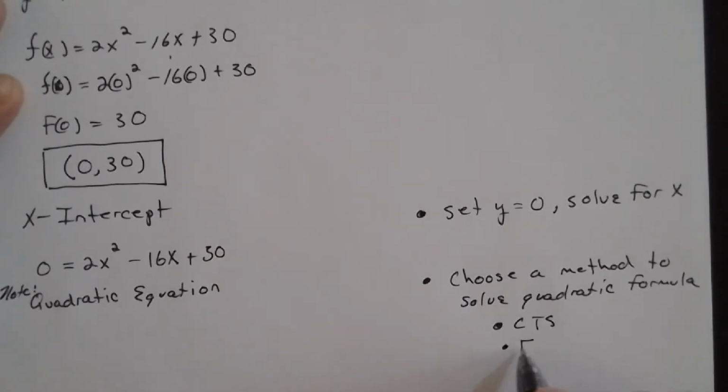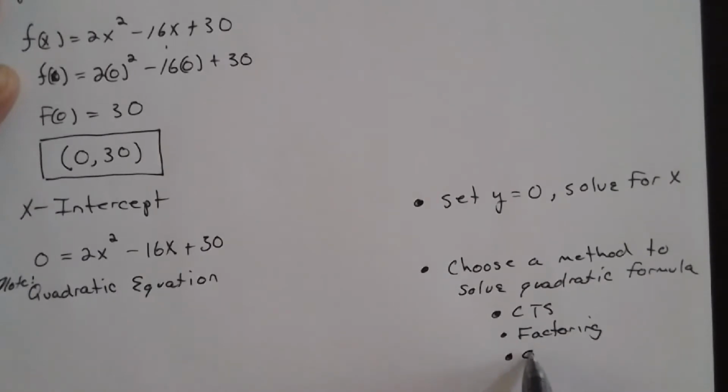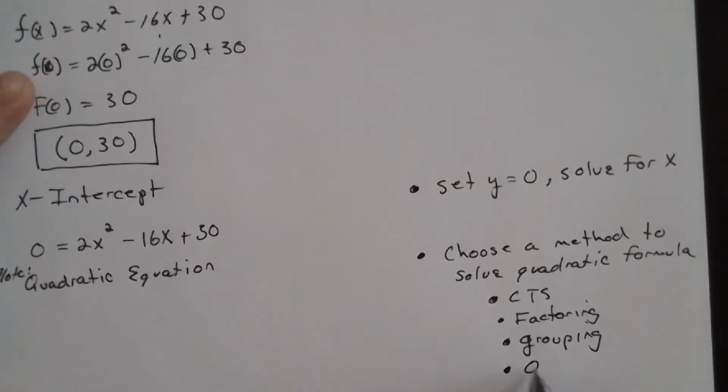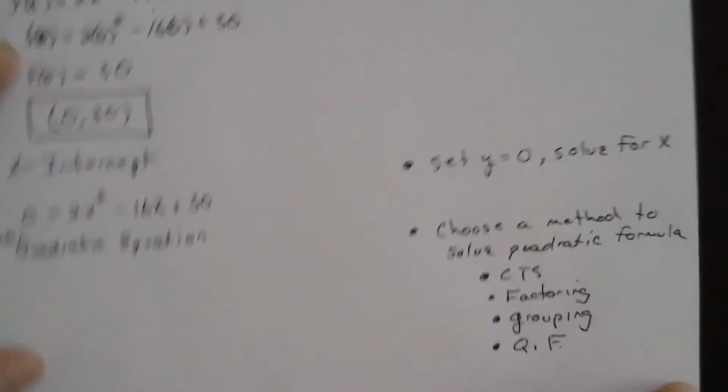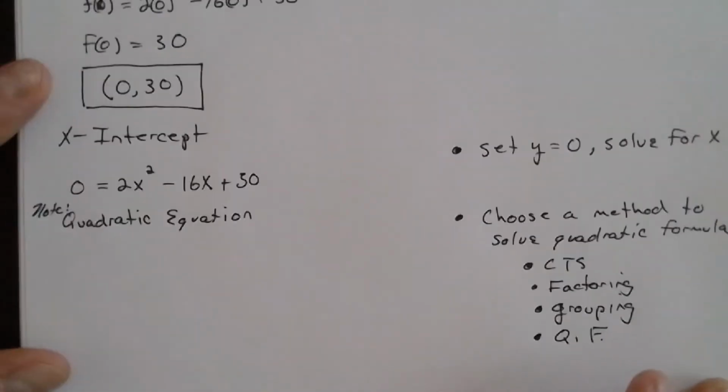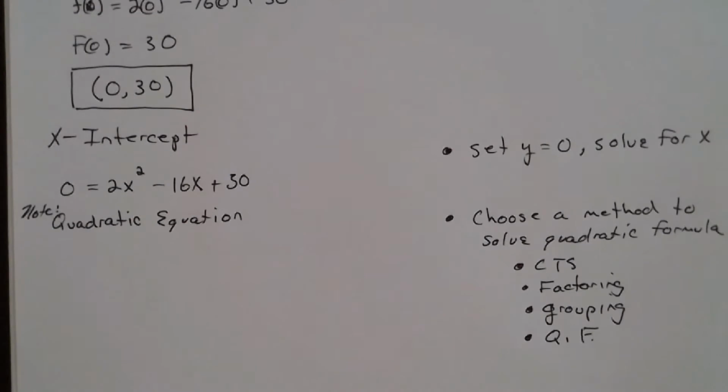We can complete the square. You can use factoring. We can use grouping, and we can use the quadratic formula. Which one do we want to do here?